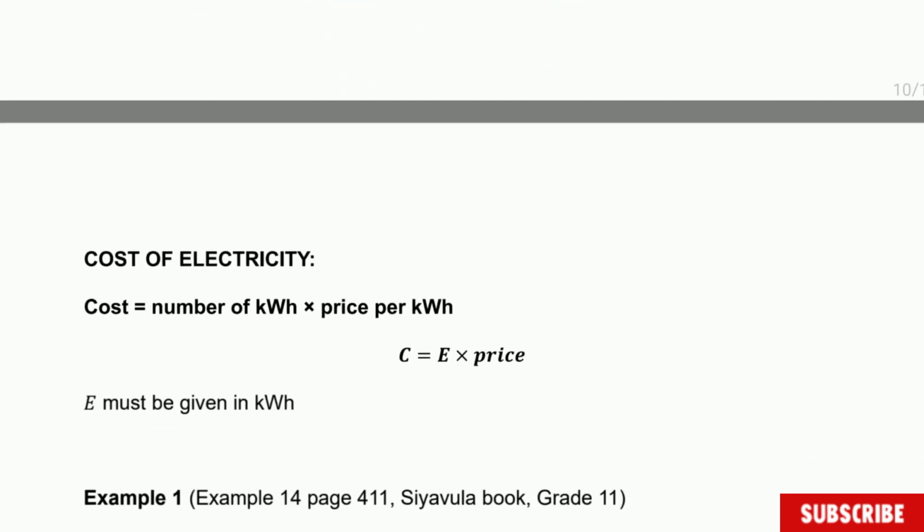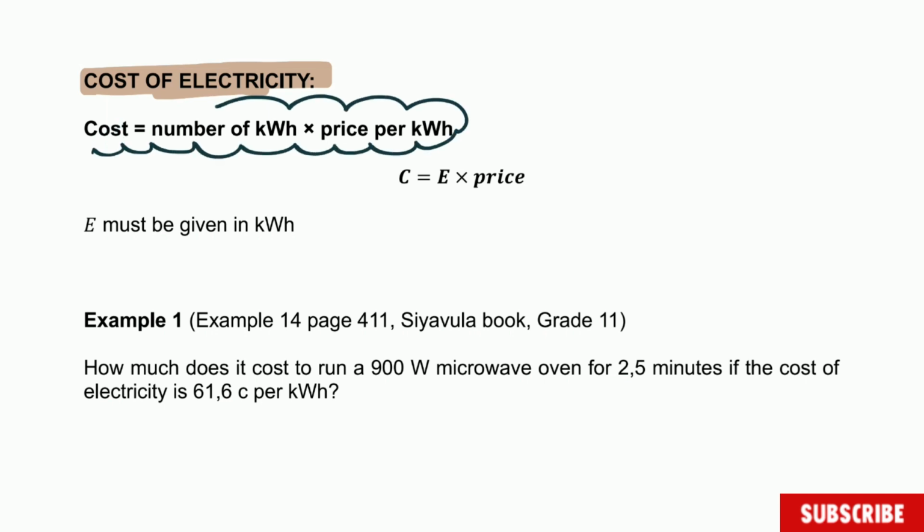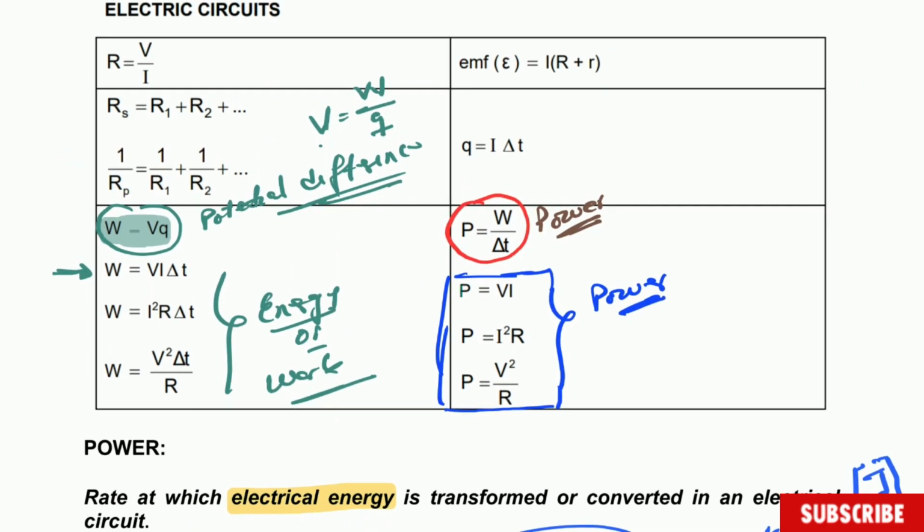Now, if we go to the last part of the lesson, I say this one is going to be quite short, it is the cost of electricity. So how do we calculate how much it costs using a specific appliance at home? And the formula is this one here. Now here I do recommend you to write it down, because it is not going to be given to you in the formulas here of electric circuits.